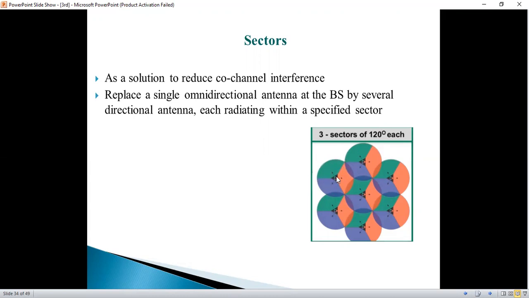Like this your interference would be reduced. It will not be completely tackled, but it will be reduced, because now omnidirectional antennas are not used. Now directional antennas are used.